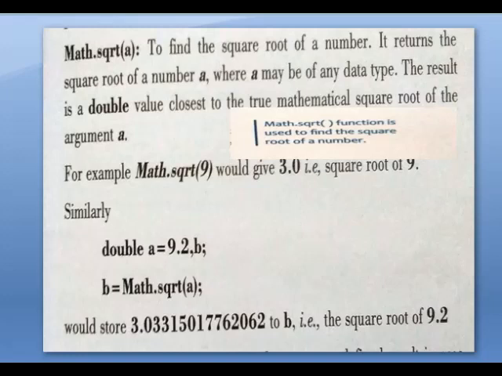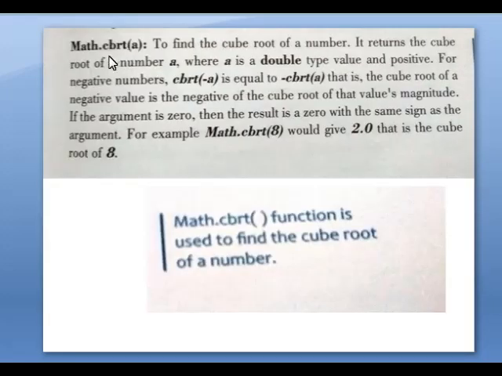Okay. So the next is Math.cbrt, the cube root. Cube root means 3 times. To find the cube root of a number, it returns the cube root of a number a. For negative numbers, cbrt of minus a is equal to minus cbrt of a. Okay, it will take the negative value.